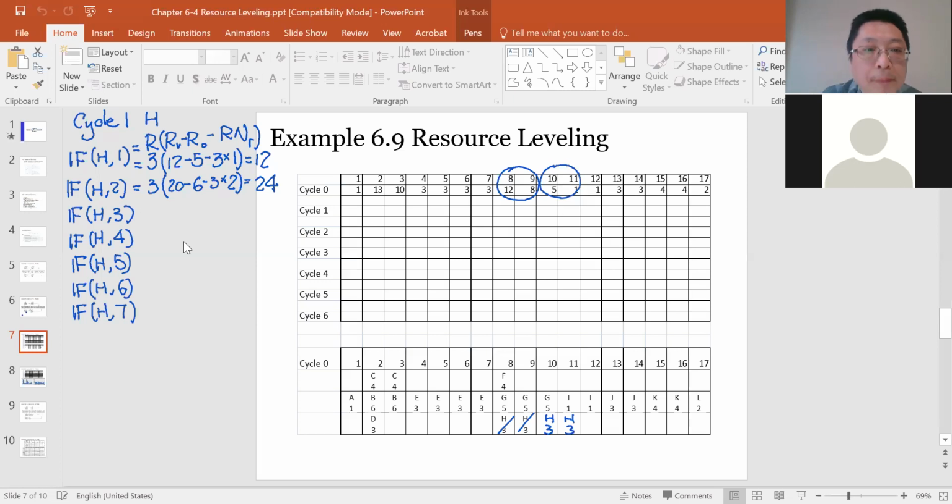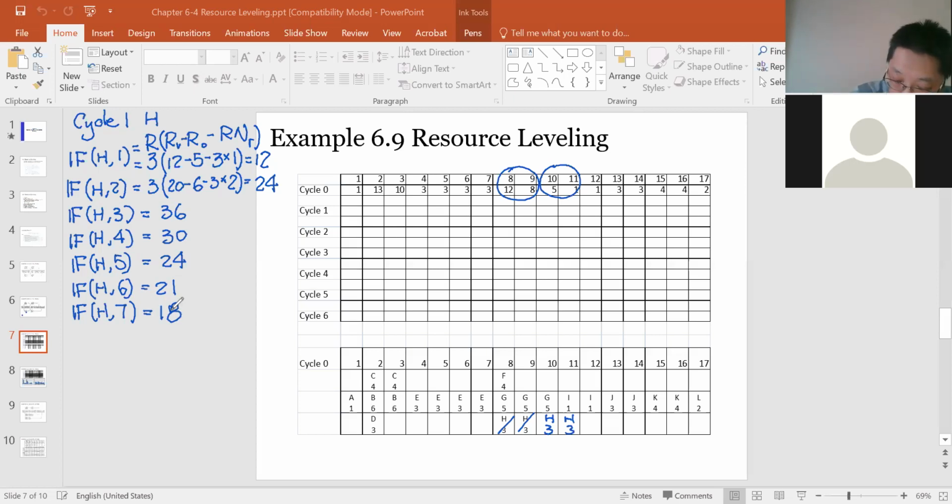If you move 3 days, then you occupied over here, then that will be 1 plus 1. Okay. Now let me give you the correct answer for here. This guy equal to 36. This guy equal to 30. This guy equal to 24. This guy equal to 21. And this one equal to 18.